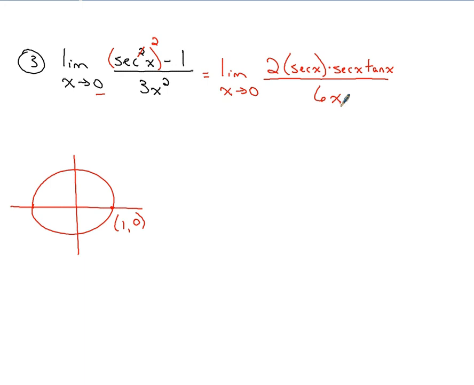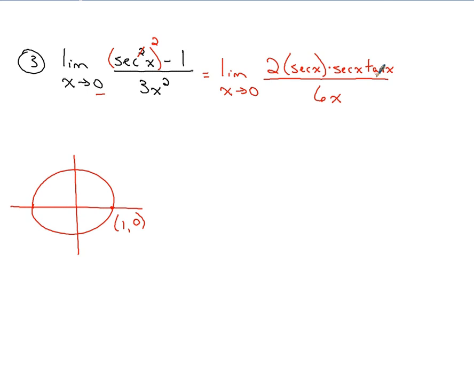Now, at this stage in the game, we're plugging 0 back in for x, right? Obviously, down here, you're getting 0 back, which is going to create a problem. But if you plug in 0 to the top, let's see what we get. We talked about the secant of 0 being 1, so this would be 1, this would be 1. What's the tangent of 0?